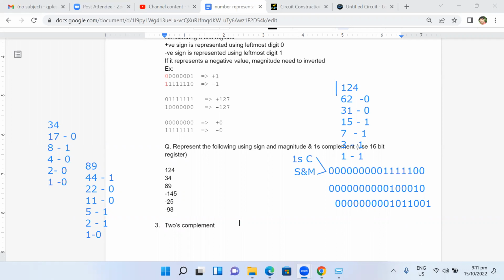Minus 145. Just calculate the number first.